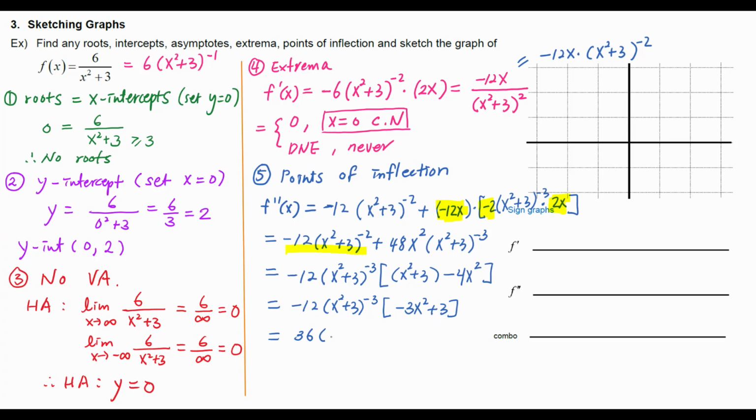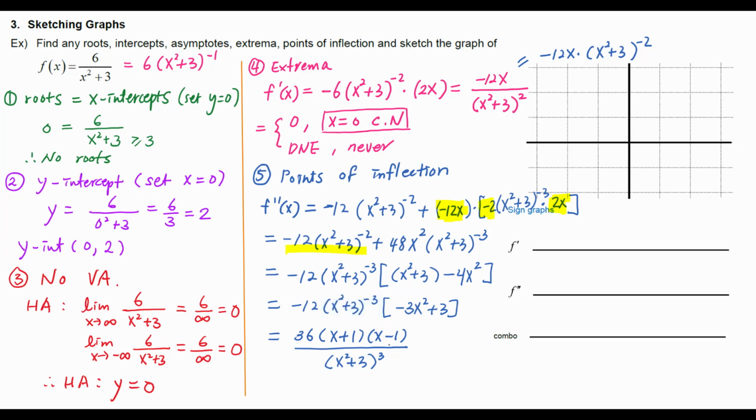X squared minus 1 factors as x plus 1 times x minus 1, over, I'm going to send the negative exponent to the denominator, so it is over quantity x squared plus 3 to the positive third power now. So this is your second derivative.